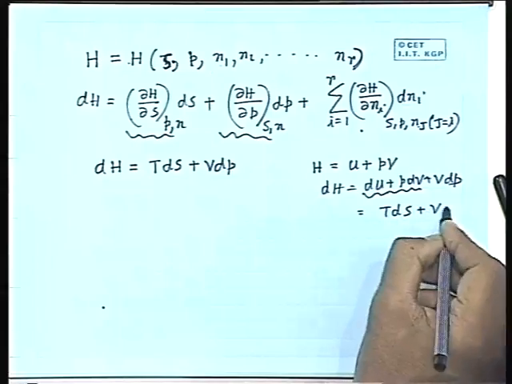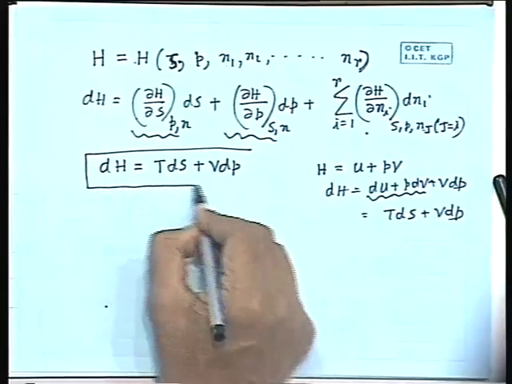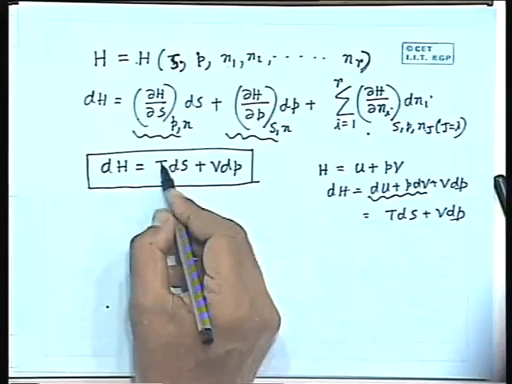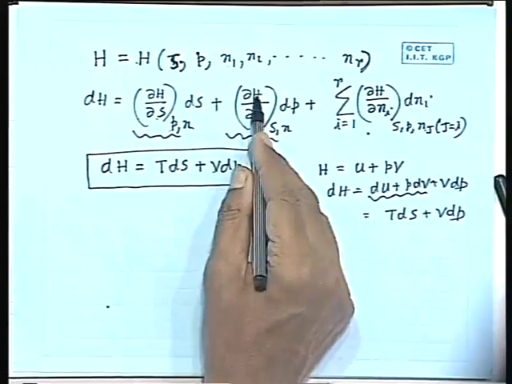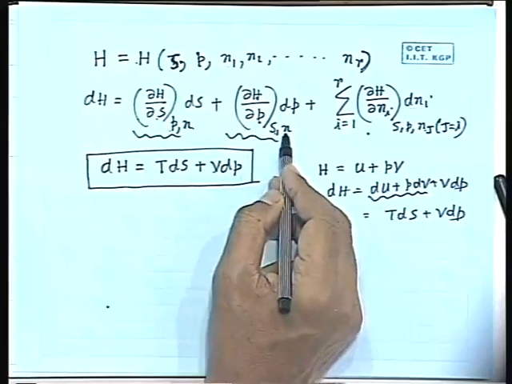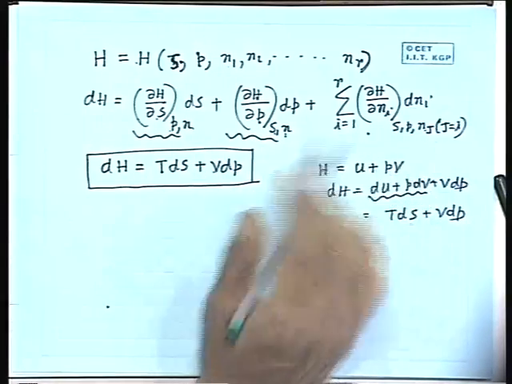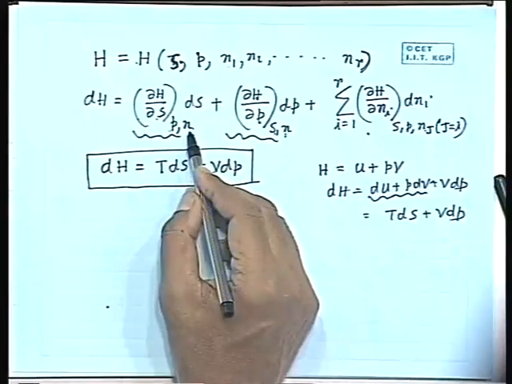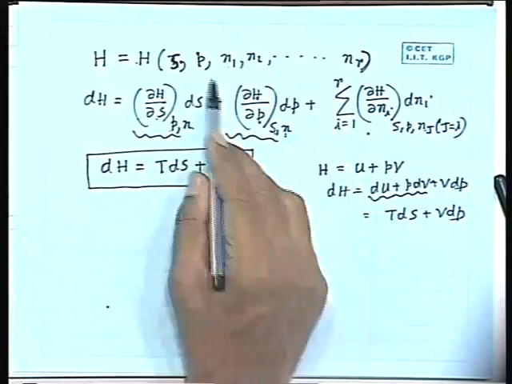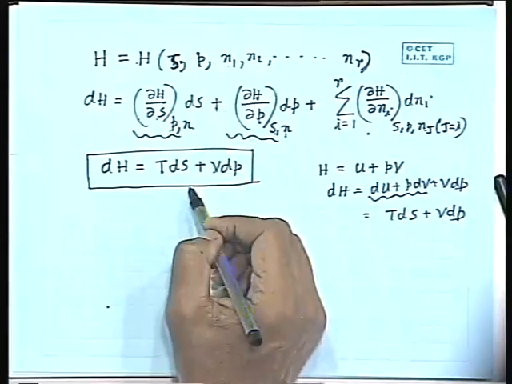So this property relation tells that if H is expressed in terms of S and P, then T is del H del S at P and N, and V is del H del P at S and N. N means N is constant, but in a single component system the N does not come because the one component N remains constant. So in a multi-component system if all N's are held constant, then this part is 0, it behaves as a single component system.